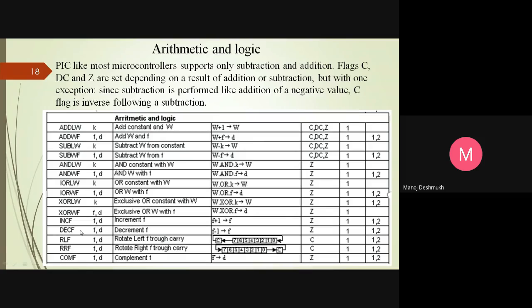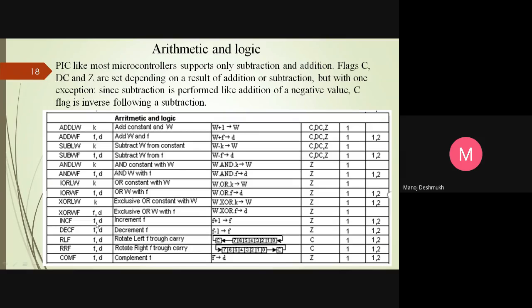So this is an additional facility or feature provided in the PIC microcontroller to store the result at either the source or the destination register. Instead of always storing by default in W, we may change the result storage preference to another register, that is, the file register.